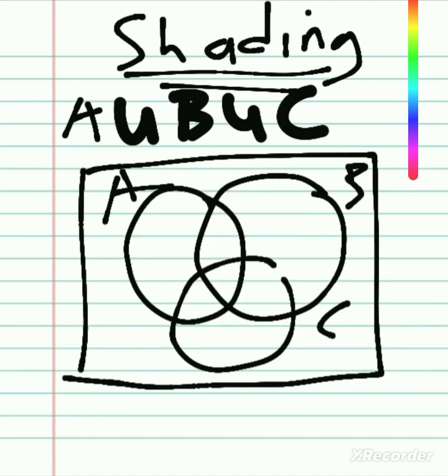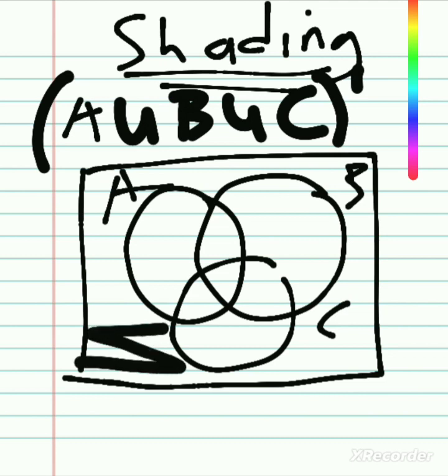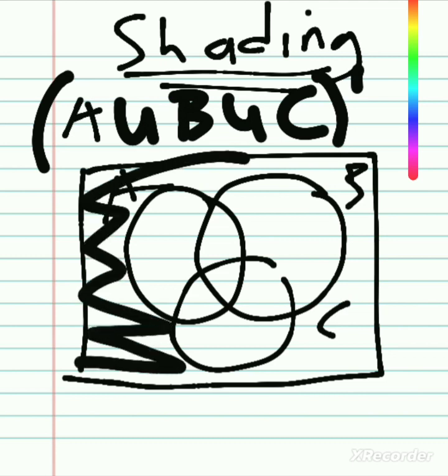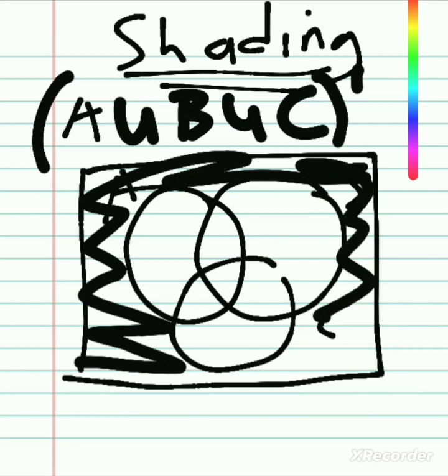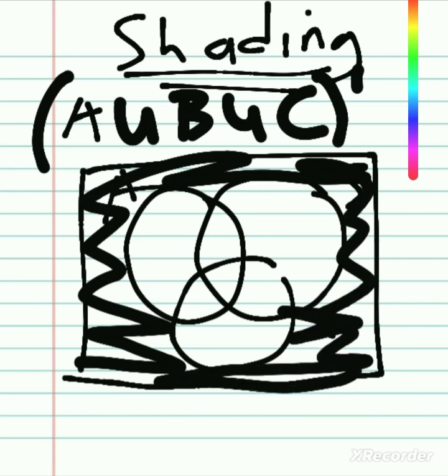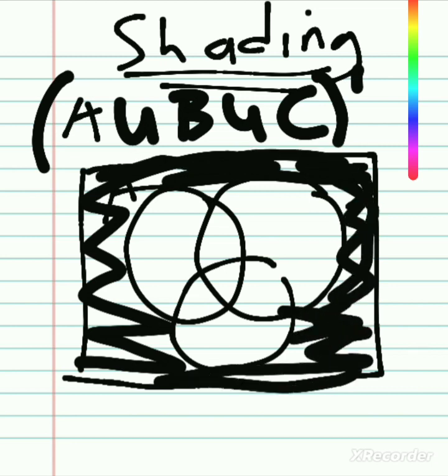What if they say A union B union C complement? They want everything outside the A union B union C. We know what A union B union C is. It's the three sets. So complement, they mean outside, like this. Outside the three sets.